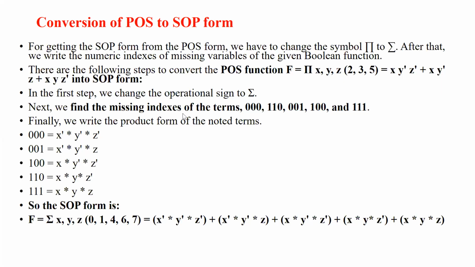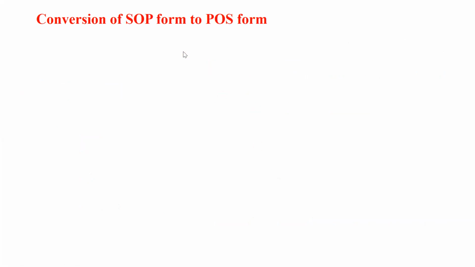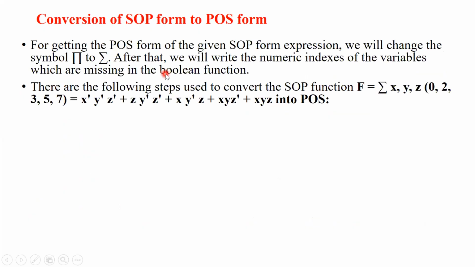Yes, ma'am. Done. Okay. Now the next step is conversion of sum of the product into product of sum form. I give you the sum of the product. So now this is the second case.